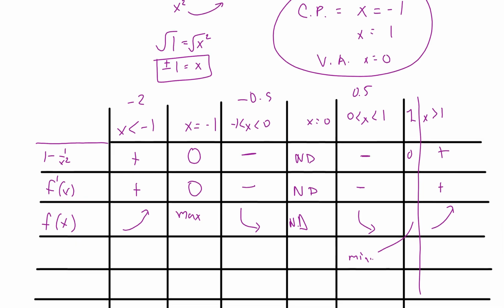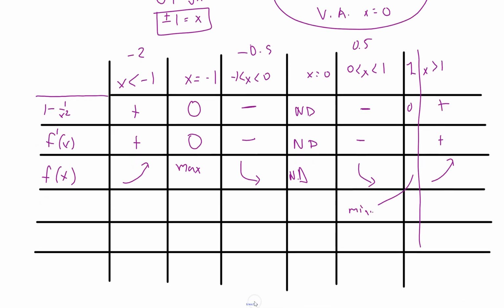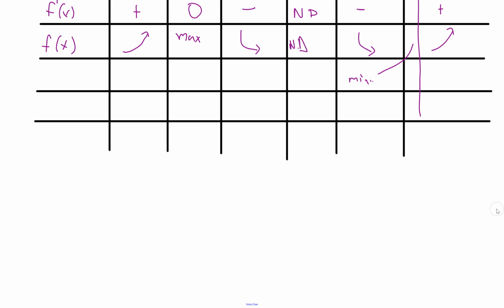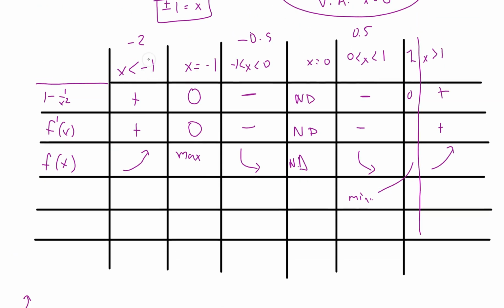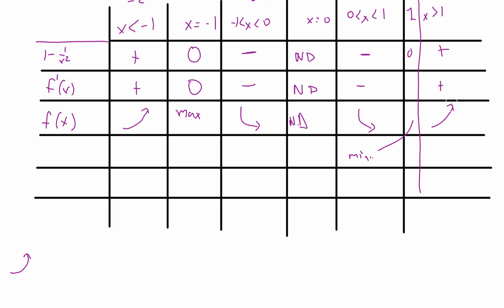So now what's left to do is find our intervals of increase and decrease. So for our increasing interval, well, it is increasing when x is smaller than negative 1 and greater than 1, as we can see here.